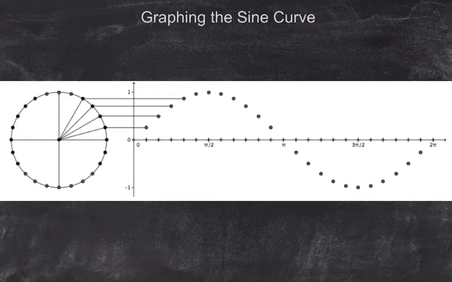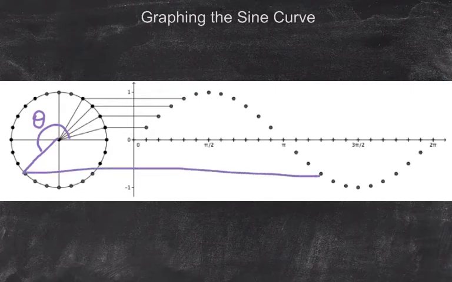And you can see that if my angle measure is out here, this is a theta that is greater than pi. And so this one is lining up horizontally with this one here. Okay, and so it makes sense that the outputs are below the x-axis here, because I'm below the x-axis on my unit circle.